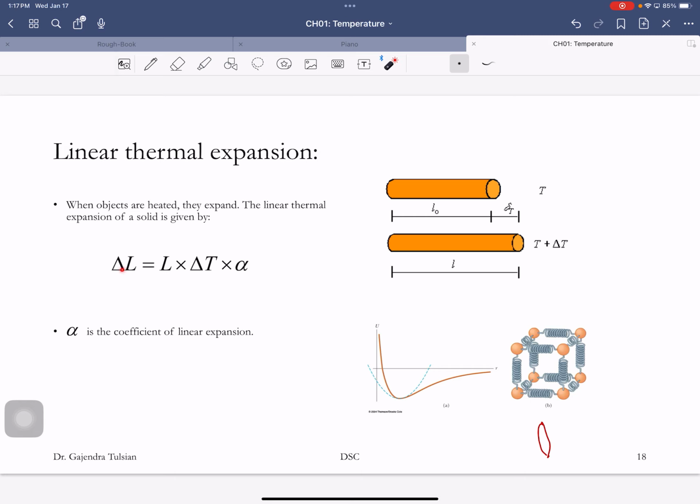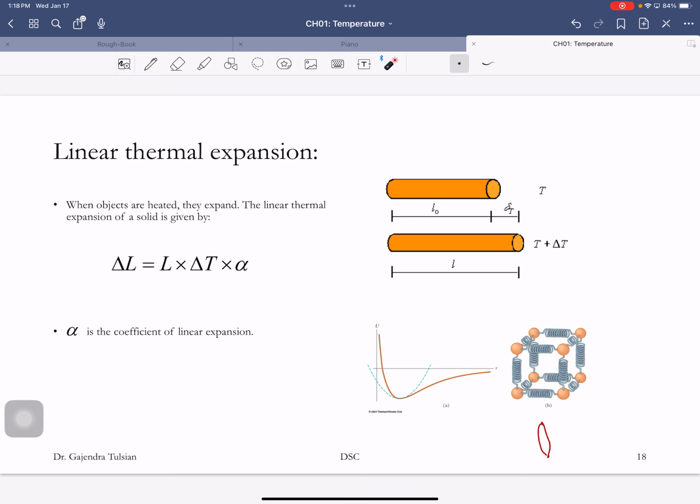The increase in length will be 25 times 10 to the minus 6, which is roughly 2 parts in 100,000. So you take a 1 meter aluminum rod, 2 parts in 100,000 is 2/100th of a millimeter.